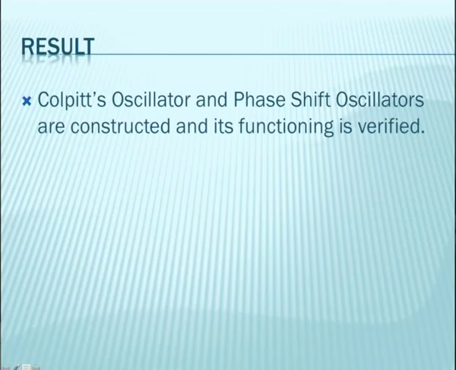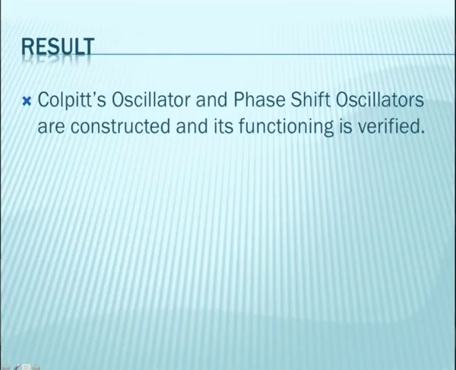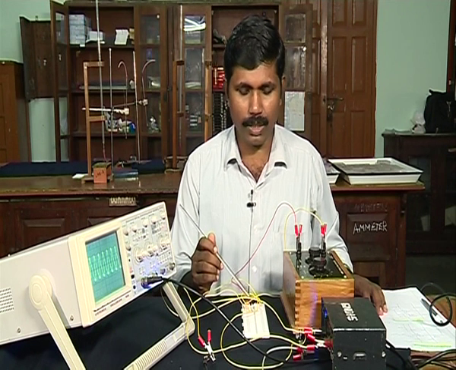In this experiment we are going to construct Colpitt's oscillator and phase shift oscillator. In Colpitt's oscillator, there is no phase difference in the output signal. In the phase shift oscillator, there is a phase difference in the output signal. This is the Colpitt's oscillator circuit.